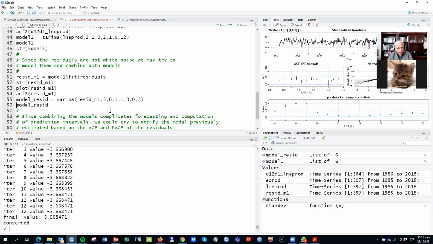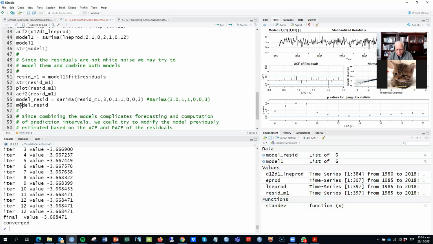I ended up here with a model of the form, a SARIMA 3,0,1 by 1,0,0 with period 3.